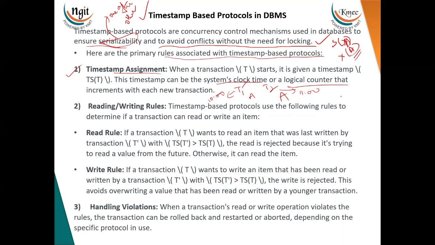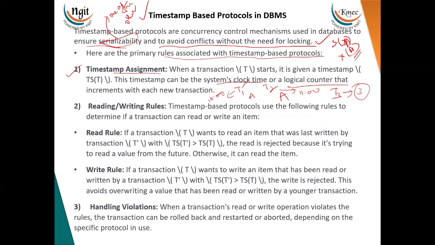Later, if there exist any other transactions, then again the logical counter will be incremented. So let there be a transaction called T3, which has arrived later after T2 has arrived. So the counter is going to be incremented and provide the value for T3. Let the timestamp given for T3 be 3. Clear? So it is going to make use of either the system's clock time or a logical counter.